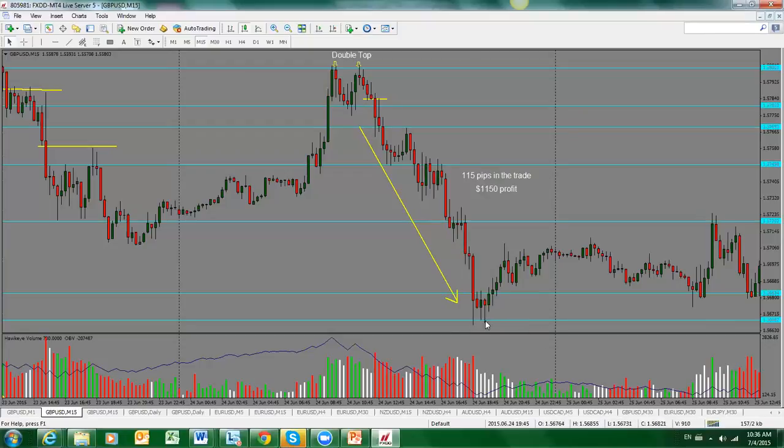We'd see this pin set up at the bottom, and somewhere in here we would get out of our trade. Even with all of that, you would get 115 pips in this trade, which is equivalent to $1,150 in profit. You do that once, you're kind of done for the week if you want to be. But that's a nice little profit in the trade.